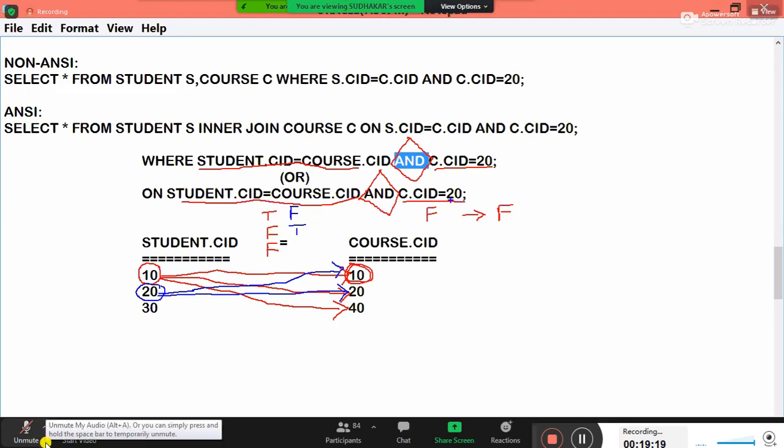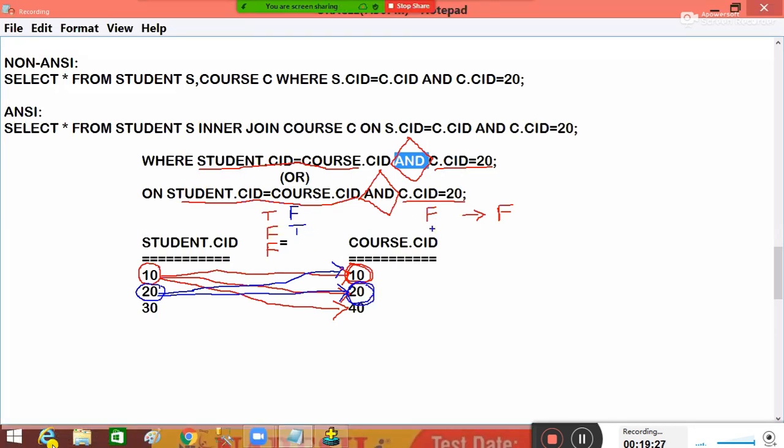Course dot cid is equals to 20. So the second condition is true. True and true returns true only. It means this row is joined. Now that output is displayed on the screen: 20 and 20.